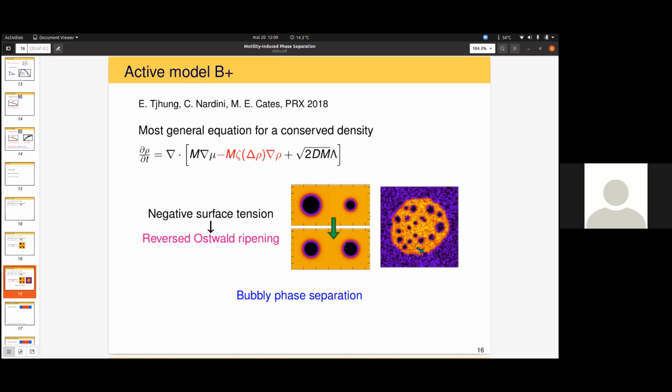In those regions, of course, there is no bubbly separation. But for active Brownian particles, going to the microscopic model, it's no proof, but all the models that have been studied have this negative tension. So the activity parameters there would fall into the region for the B plus model where that delta P has the wrong sign compared to what we are used to, and so they would fall into this bubbly regime.